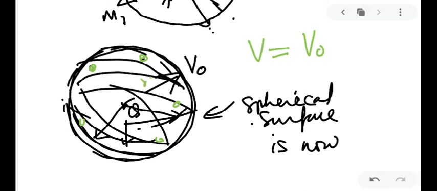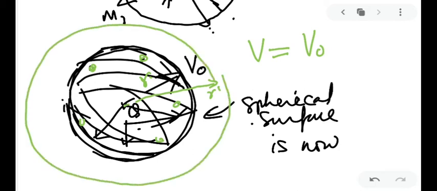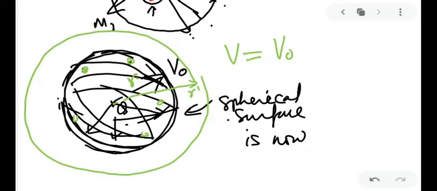What if instead of r, you moved a little bit further and defined another sphere of radius r prime? So you have your next equipotential surface, which means r, a continuous parameter, could be varied as much as you like, and you would end up with a very huge number of equipotential surfaces.